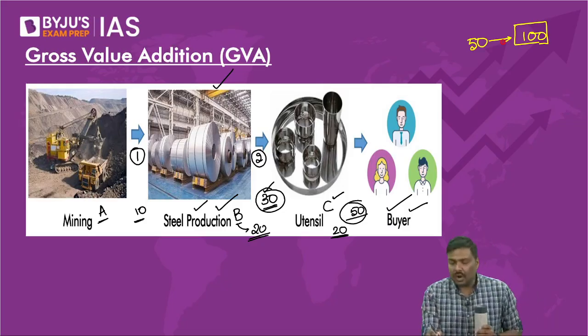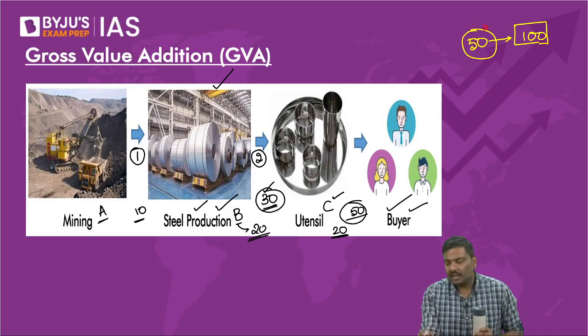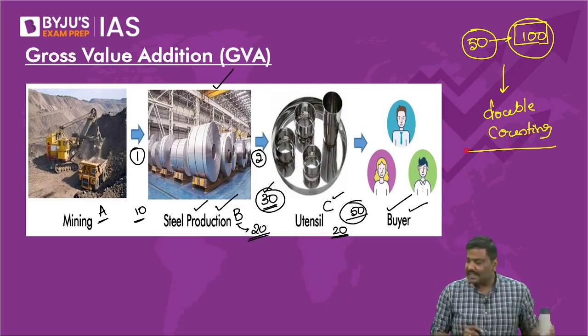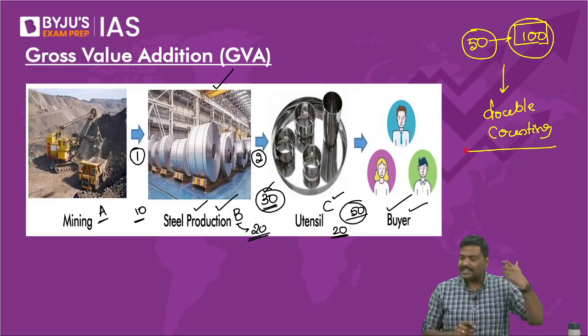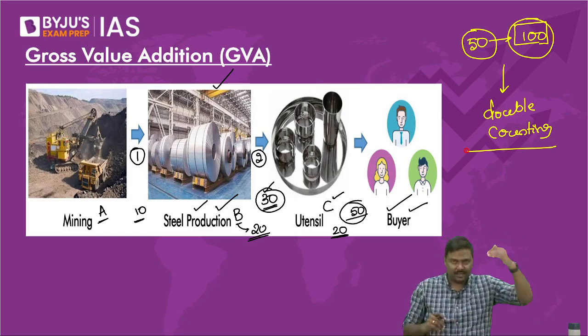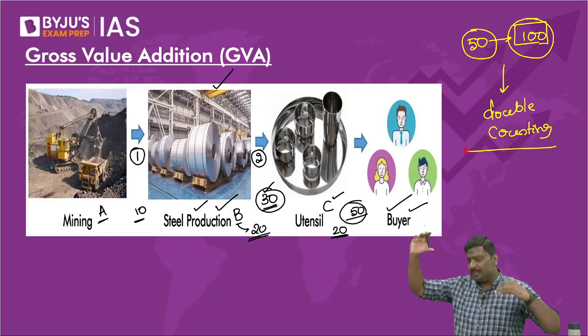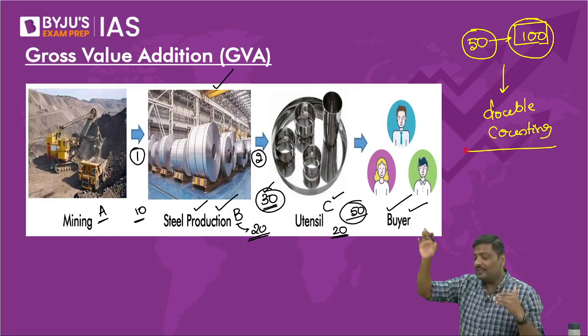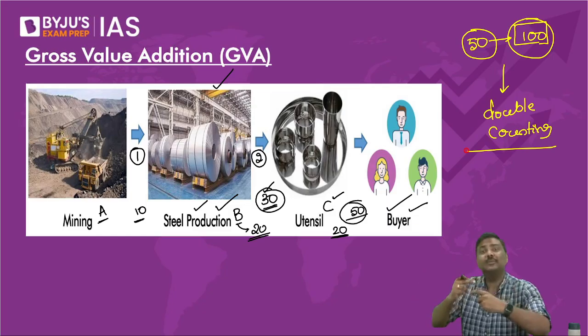If you count steel separately and the bottle separately, can I call this double counting? A steel of 50 rupees is taken individually and a 100 rupee bottle is taken individually, but 100 rupees including 50 rupees will lead to double counting.